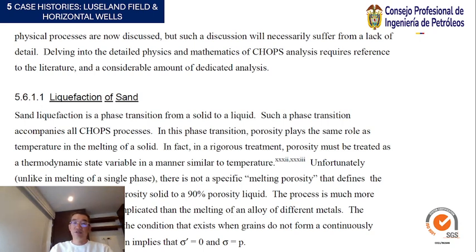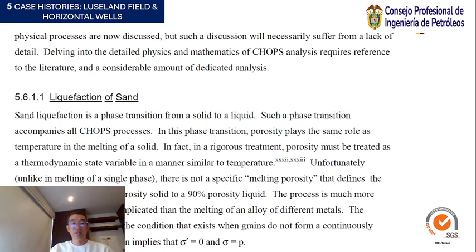In this phase transition, porosity plays the same role as temperature in the melting of a solid. In fact, in a rigorous treatment porosity must be treated as a thermodynamic state variable in a manner similar to temperature.